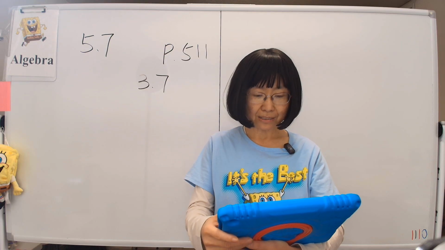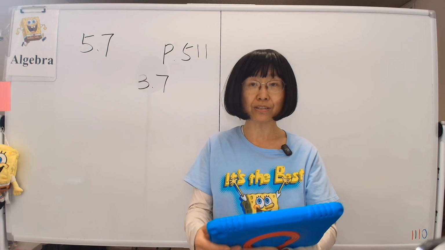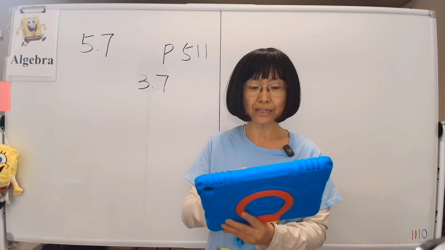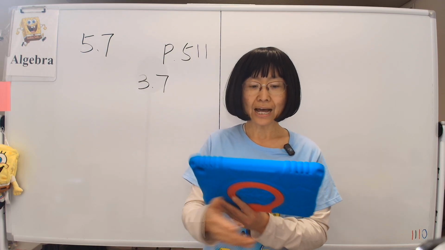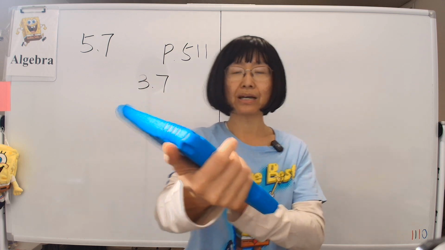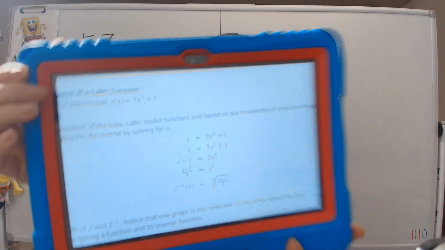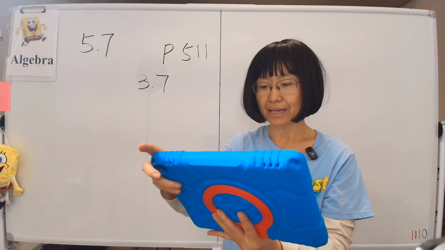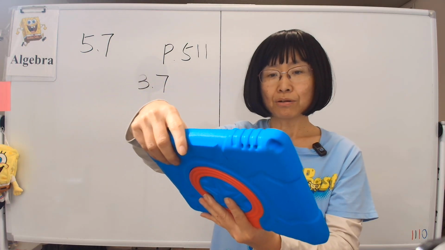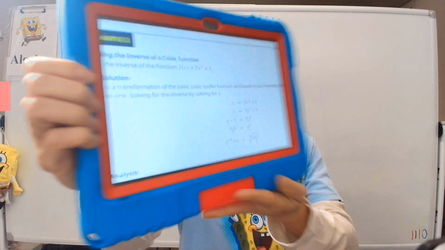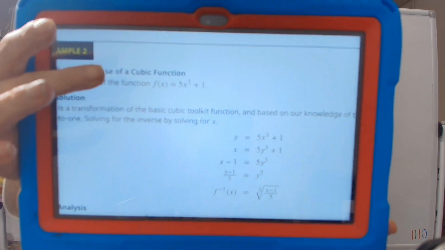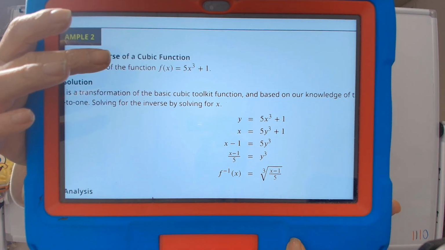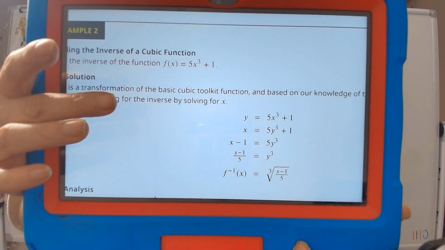Next, example 2. How do you find the inverse of a cubic function? What you're doing here is isolating x. Here's our cubic function, from example 2 on the following page. We have a function, f of x equal to 5x cubed plus 1. So you let f of x be y. That's how we do inverses.